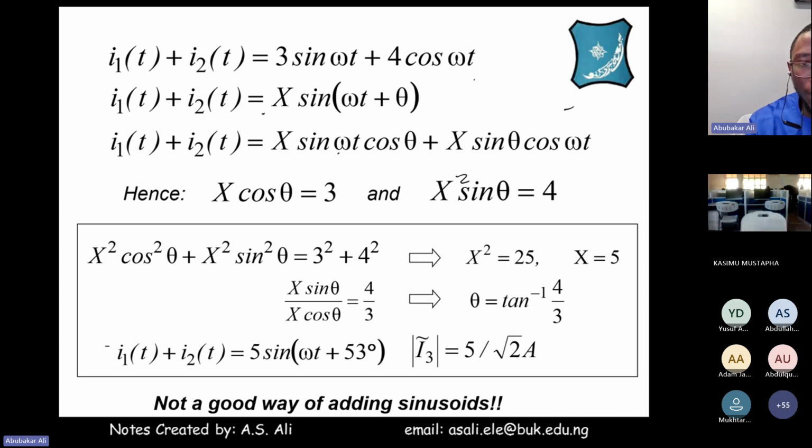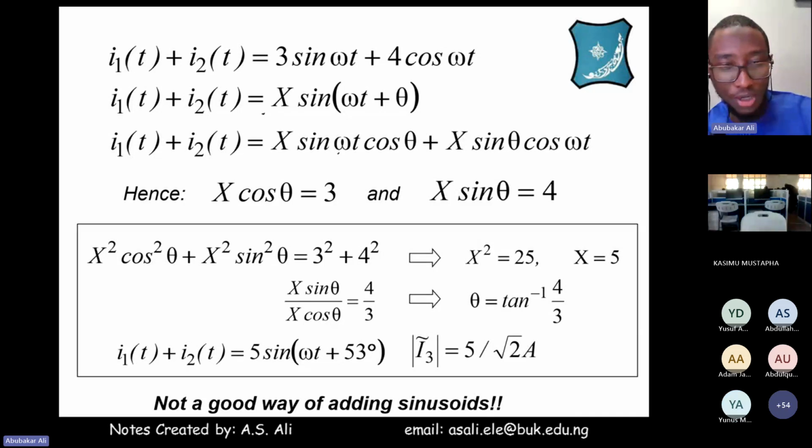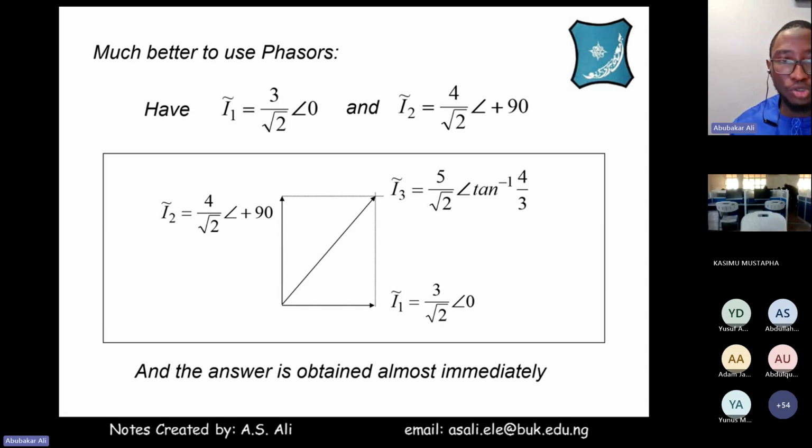It's very simple. You have two signals, all of them are sinusoid, and you want to add them. You can do it this way. Nobody will tell you why did you do it this way, but it's a long shot. It's a very, very long shot. If you use phasor form, in 2 steps you will be done. It's that simple.